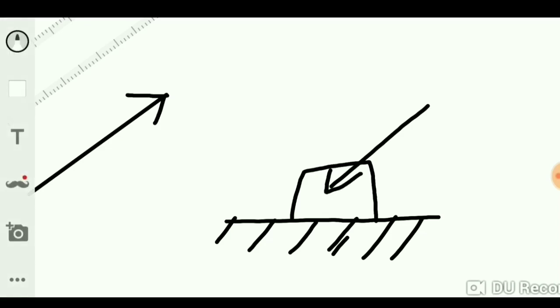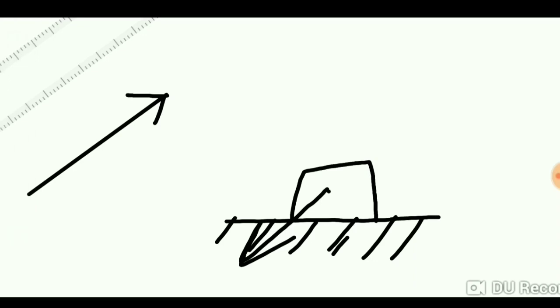Now let's first understand, why do we need vector resolution? A pretty simple case: let's say we have a wall, or let's say it's the ground, and you have a box with the center of mass here. Now let's say you are pushing the box, and to make it more systematic, let's say the force is being applied in this way.